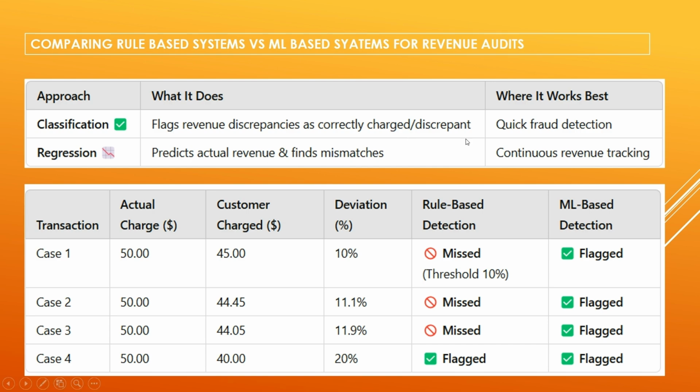So, continuous revenue tracking. Regression models are very good if you want to forecast something, like the value of the customers who will churn.